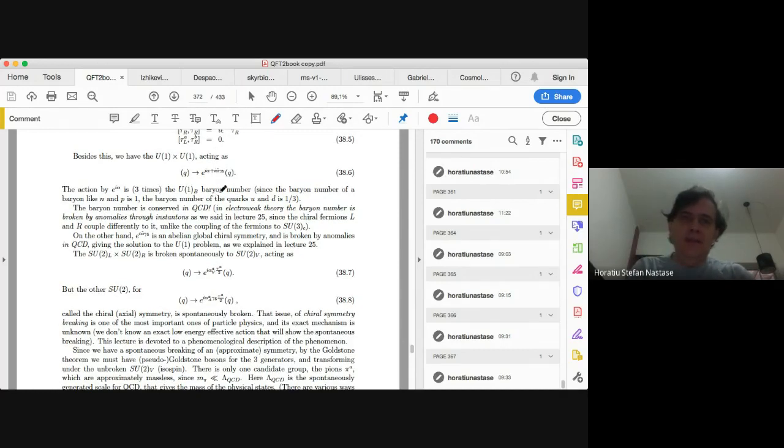This is just 3 times the U1 baryon number. The reason why it's 3 times is because the baryon number of a baryon, like proton and neutron, is 1, and therefore the baryon number of a quark, up and down, which makes up N and P as UUD or UDD, is 1/3.